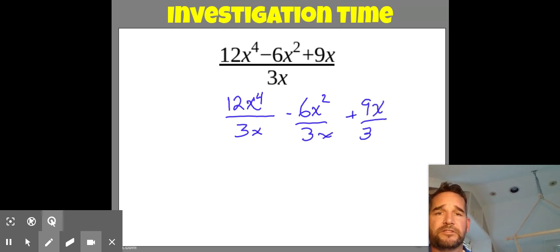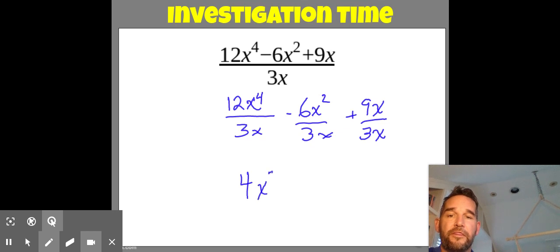The distributive property of division tells me each term on top should get divided by that single term on the bottom. And now I'm just going to apply my exponent laws that I learned today. So for that first one, 12 divided by 3 is 4. X to the fourth divided by x to the first is x to the third. Next, x to the 2 minus 1 is 1.